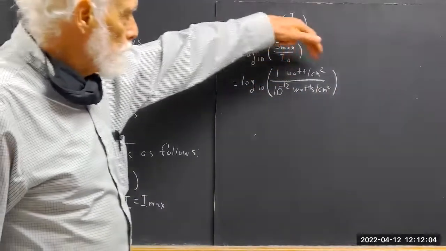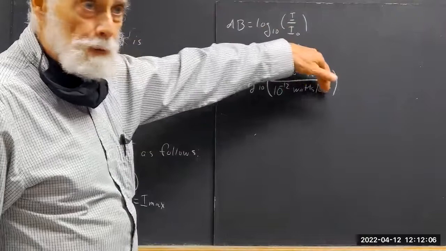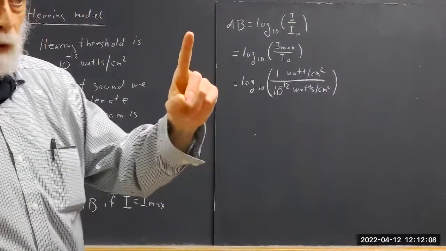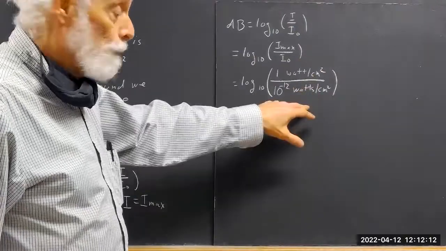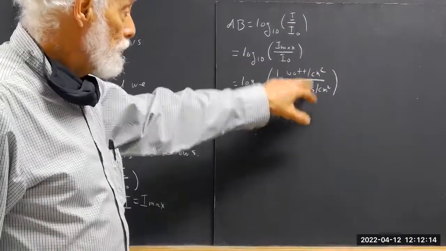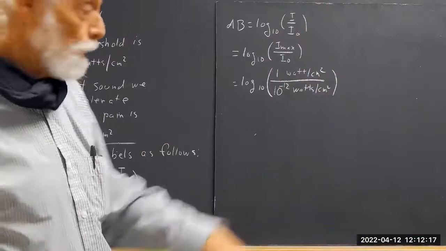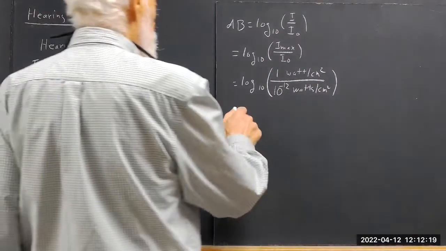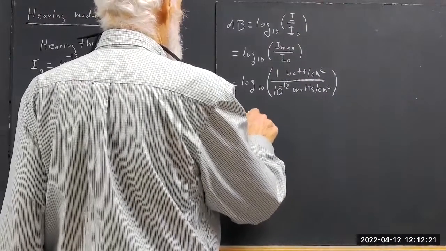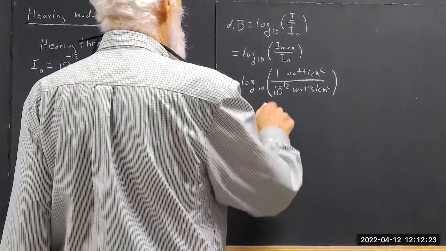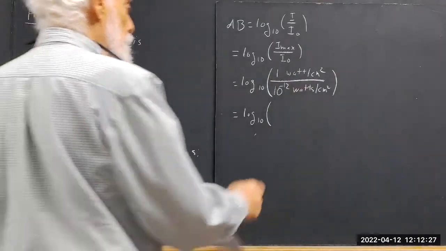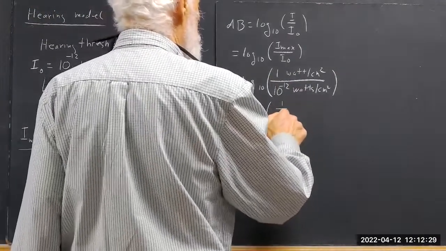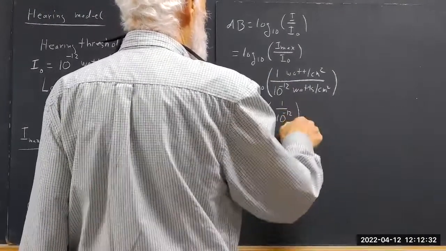Now, watts per square centimeter divided by watts per square centimeter is just essentially 1. If you want to write this out, you see that this divides this and cancels. Think of it as equal to 1, so you don't have to write it anymore in the product. So this is log to the base 10 of 1 over 10 to the negative 12.